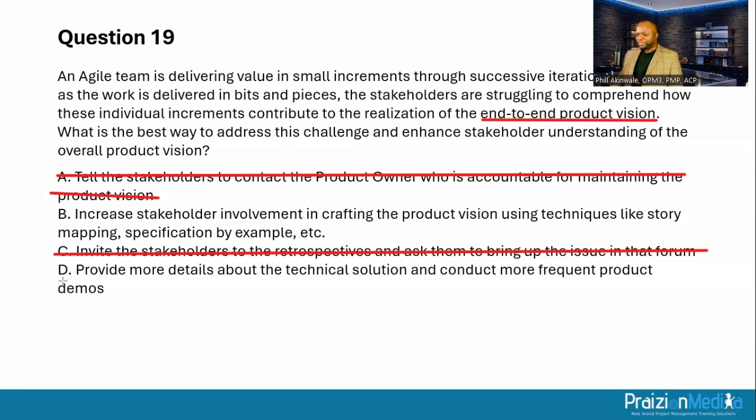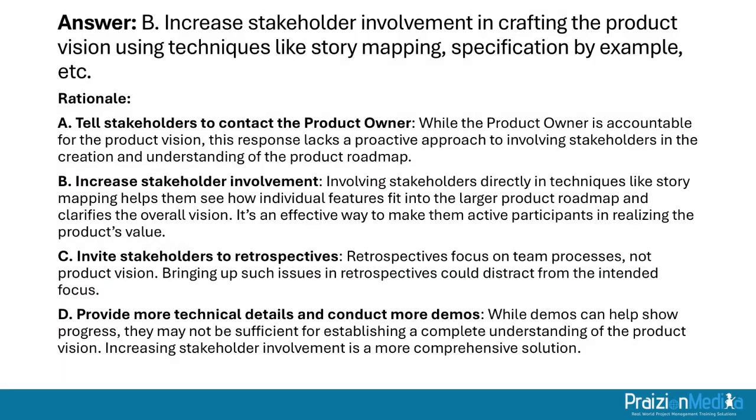Again, while product demos can show progress, we're talking here about the product vision, which even trumps that. So D is not the best answer either. The best answer is B. Okay, let's take a look. So here's the logic.